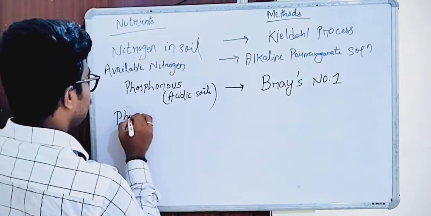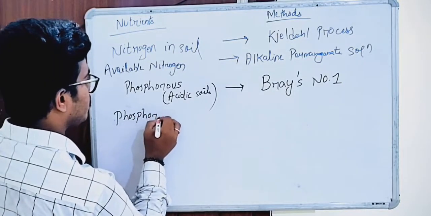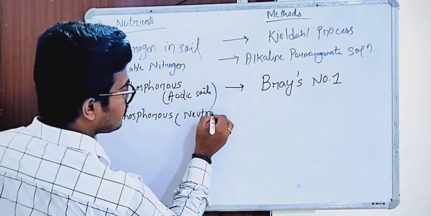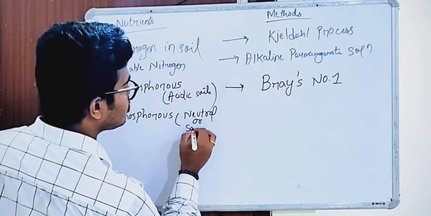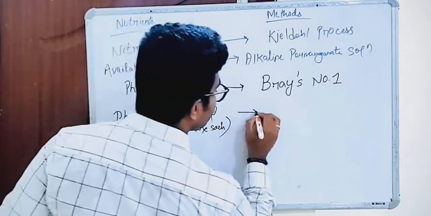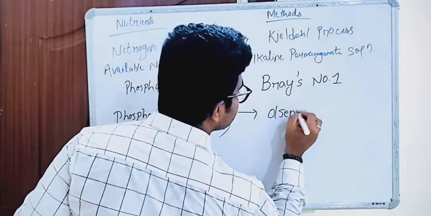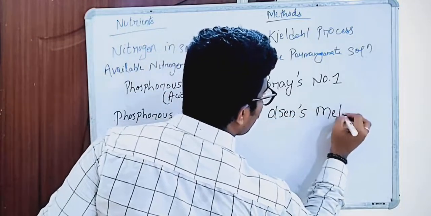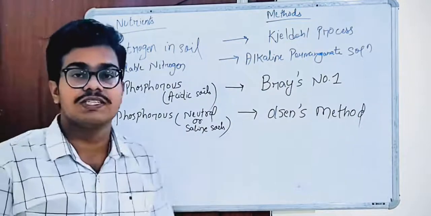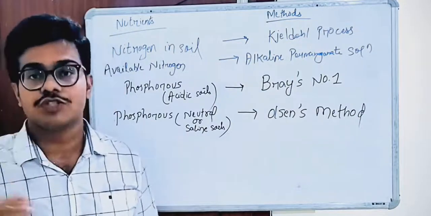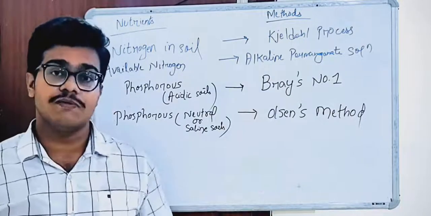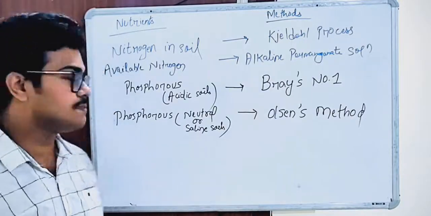If it is neutral, having pH 7, or saline soils, then we have to go for Olsen's method. So to determine phosphorus in different pH soils, we have these two processes: Bray number one and Olsen's method.